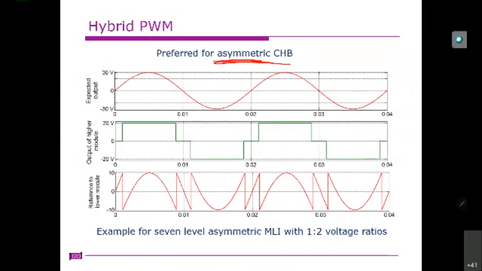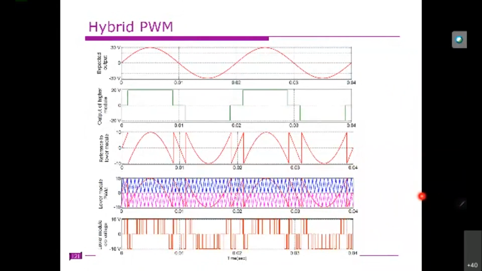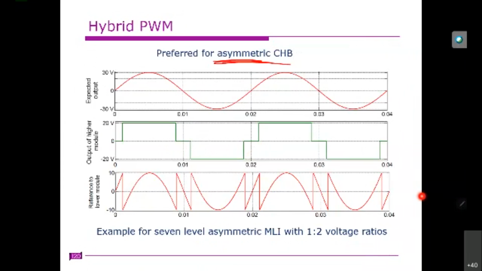The level shifted and phase shifted PWM that we discussed are applicable for symmetrical cascaded H bridge. In the case of asymmetrical cascaded H bridge, for example, if one H bridge is fed from VDC and another H bridge is fed from 2 VDC, in that case we prefer this hybrid PWM.